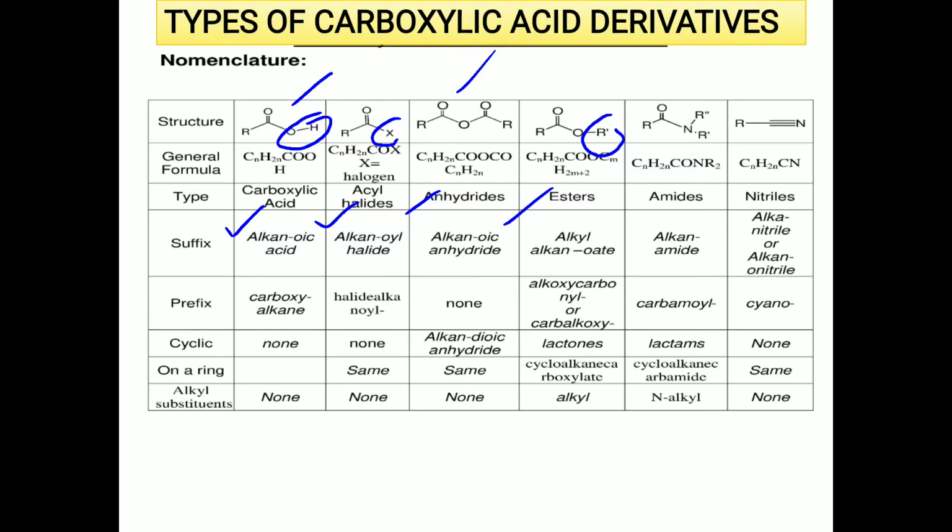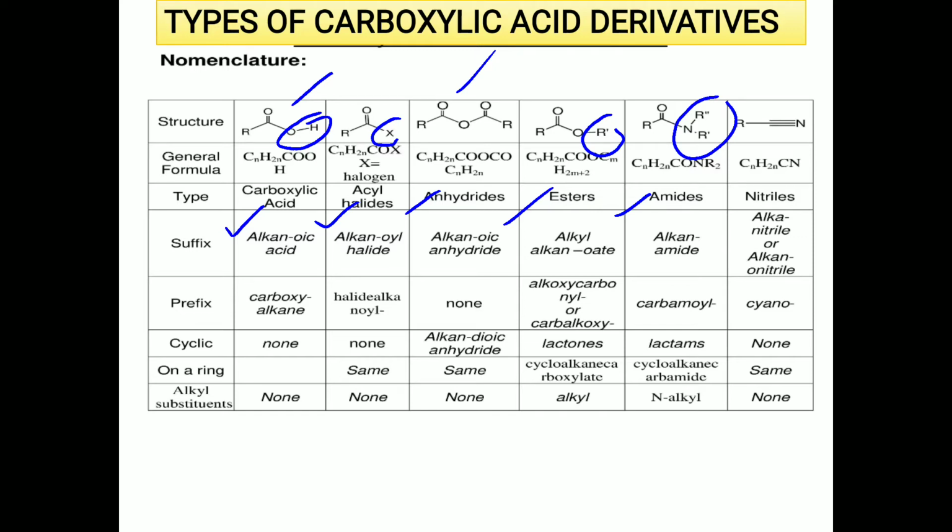Okay, then moving towards the fifth type, that is amides. This is also simple. In carboxylic acid we have the functional group COOH, and that OH is replaced by nitrogen or a nitrogen chain, so the group becomes CON.